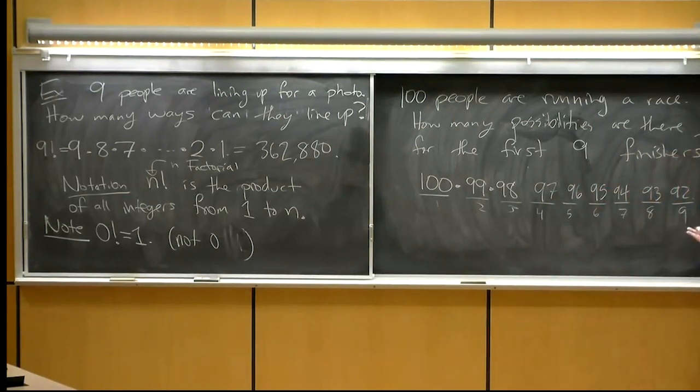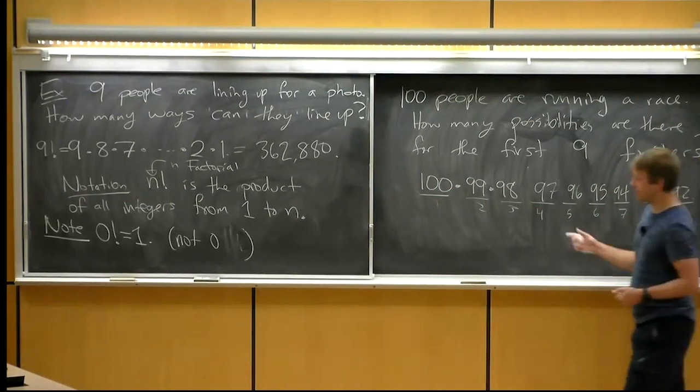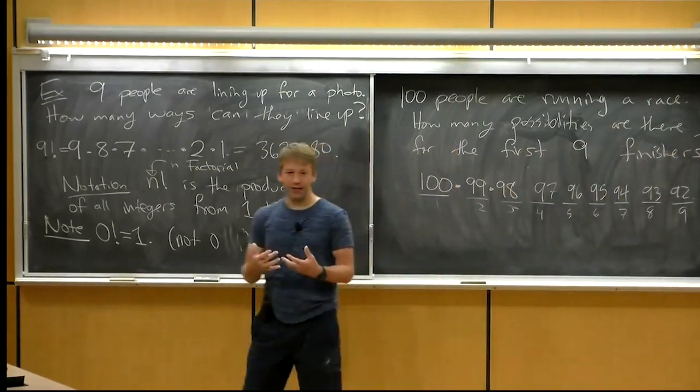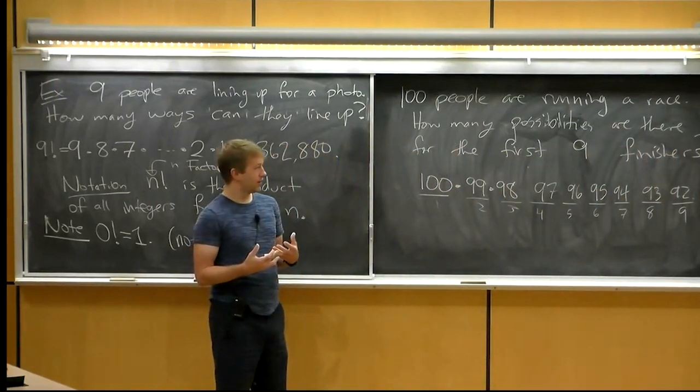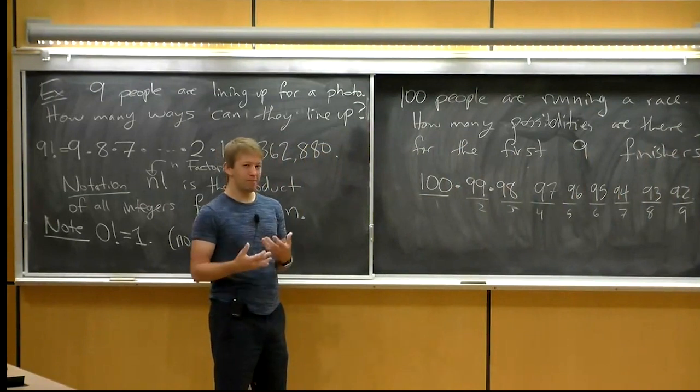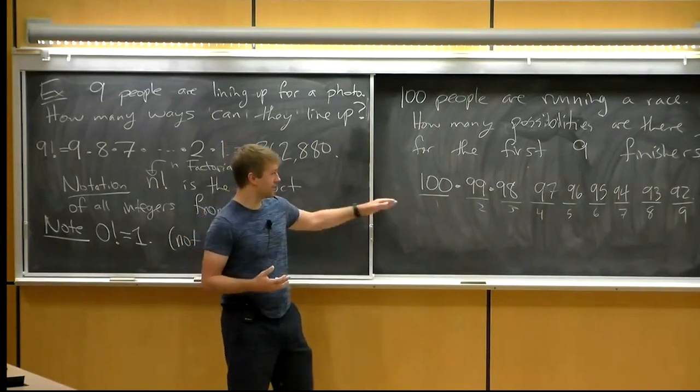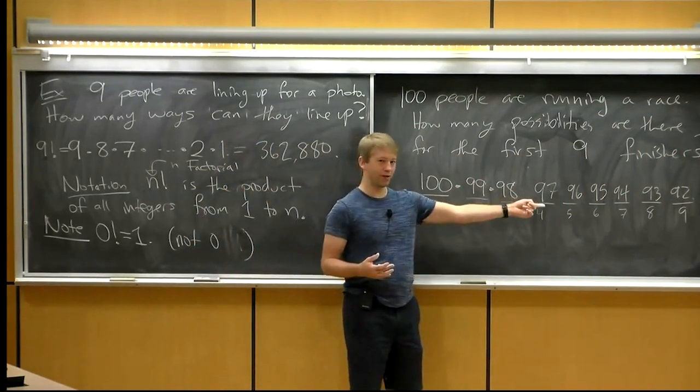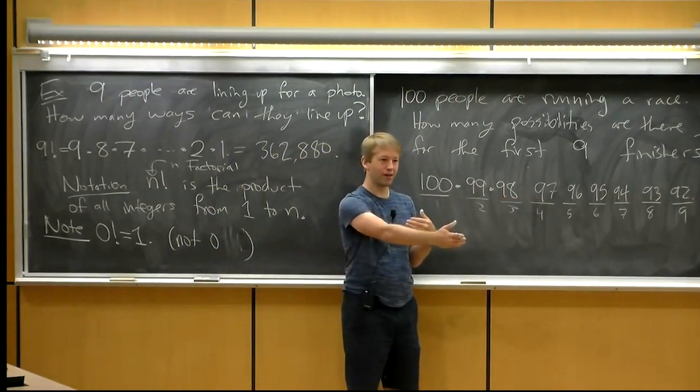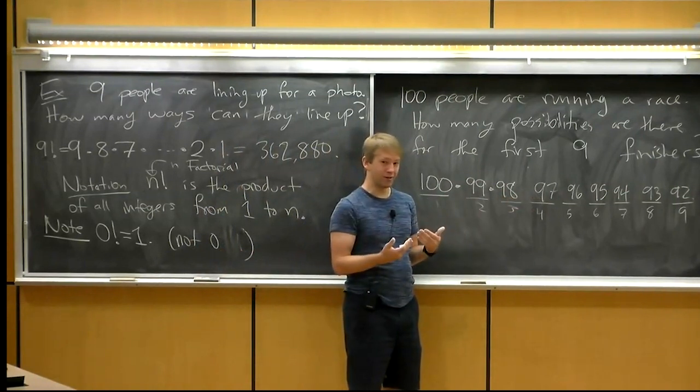Again, though, it would be unfortunate to have to type all of this into your calculator. So one nice thing is you can recognize that there's somewhat of a pattern here. This is not 100 factorial, obviously. We didn't go all the way down to 1, but it's part of 100 factorial, right?